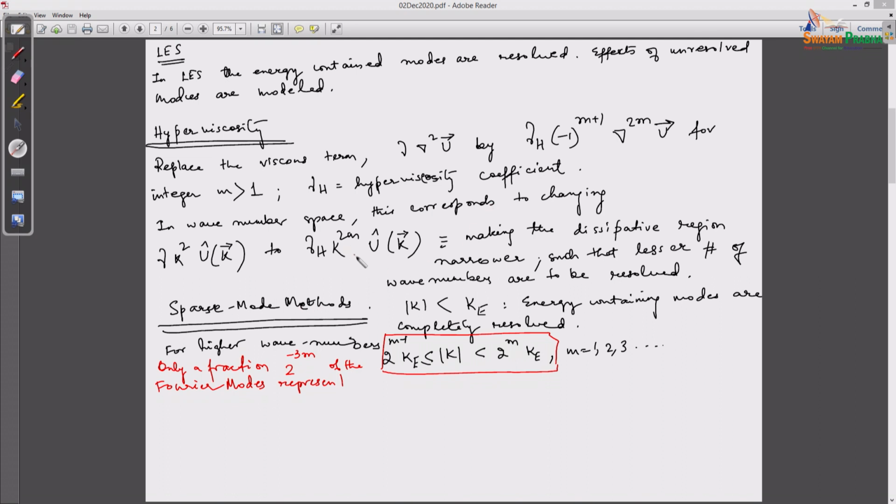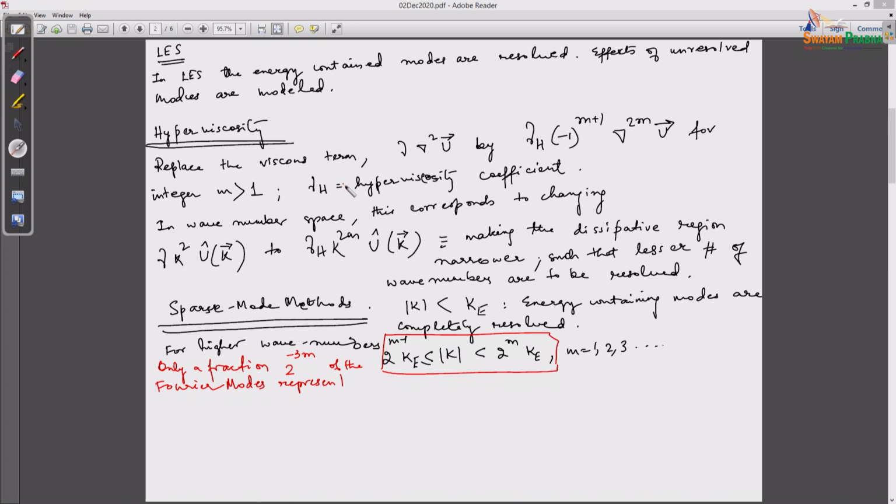And then of course, we have sparse mode methods, where the energy containing modes are completely resolved, and for higher wave numbers, only a fraction of the Fourier modes are represented. So this is where the modeling comes in.